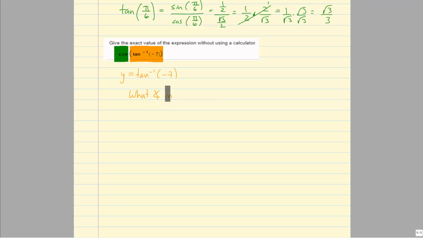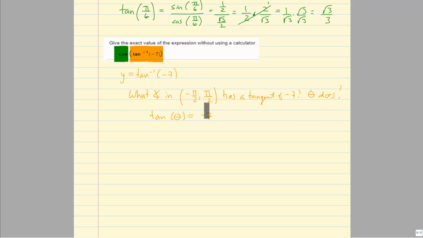in the interval negative to positive pi over 2, not bracketed because they're undefined at those points. Okay. What angle in the interval negative to positive pi over 2 has a tangent of -7? And I don't know, so I'm just going to say theta does. Okay, so this means that the tangent of theta is -7.